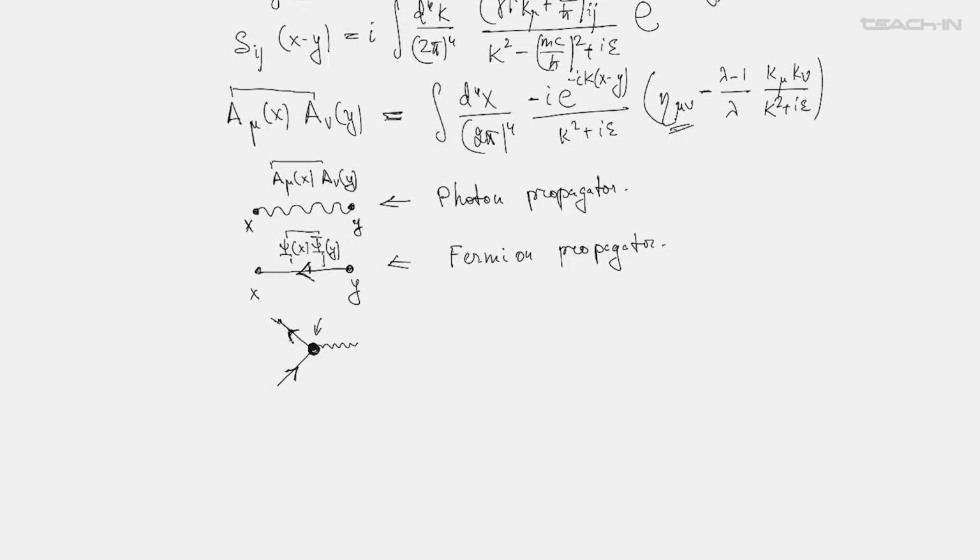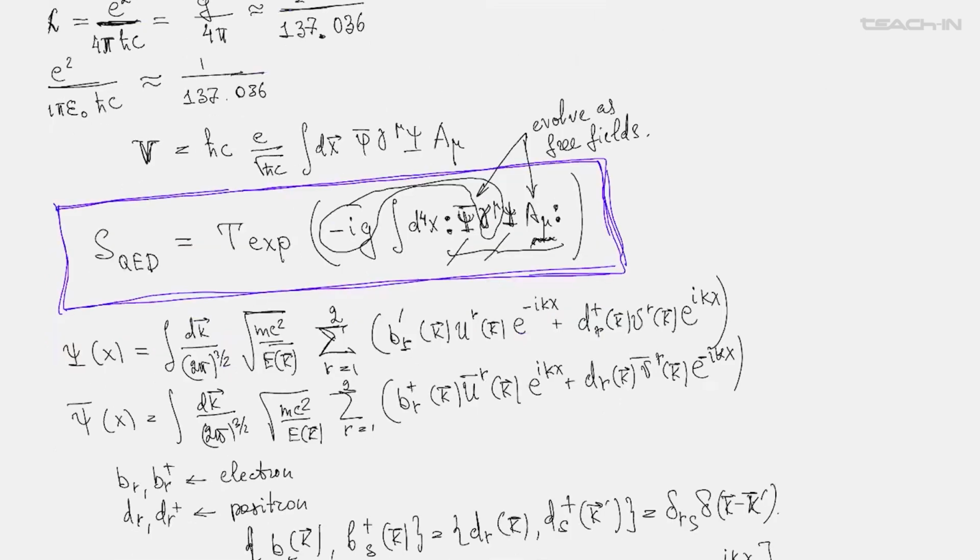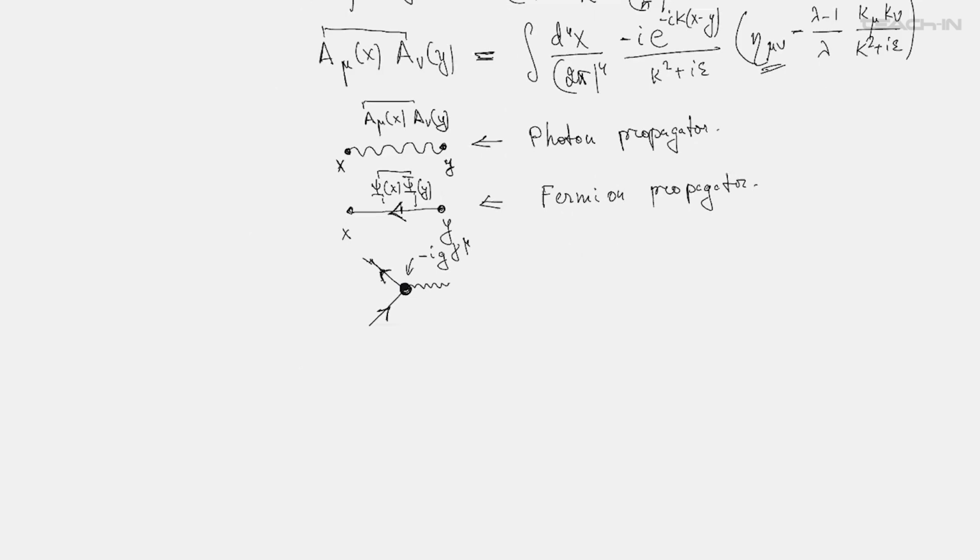That's exactly this insertion of minus i g gamma^mu, which you have in the S matrix. A_mu is a photonic wavy line which gets into the vertex, and these two, psi and psi bar, are described by the lines with incoming and outgoing electrons, like this. So this stands for the diagram describing the interaction vertex.